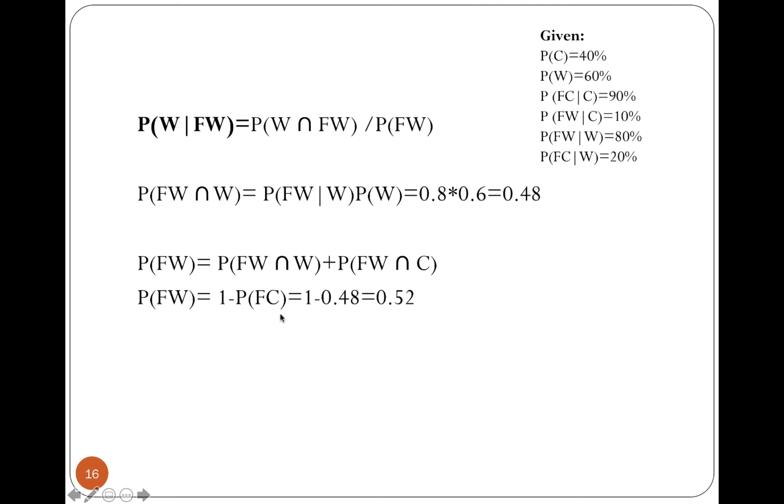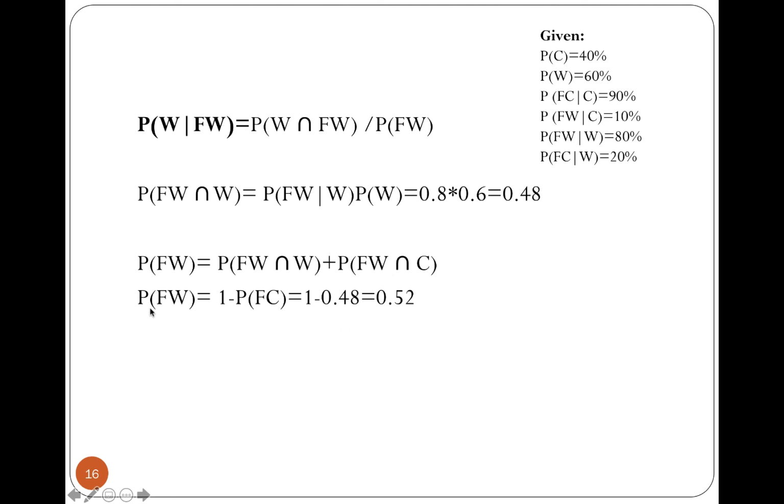If you go back to the two previous slides, we calculated the probability of FC as 0.48. So we already have this probability, and I can just say the probability of FW is 1 minus 0.48, which is 0.52. In this case, I can calculate the probability of FW in an easier way, as opposed to going through the sum of these intersection probabilities.